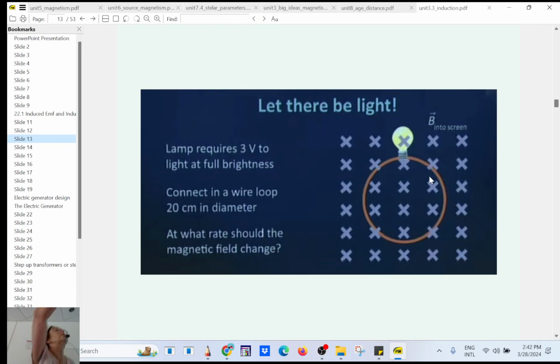So it's like you take a magnet, or you take an electromagnet, even better, you go in and then you go out. You go in and then you go out. So the number of lines poking through the area is going to change with time. Okay, so you can do it.